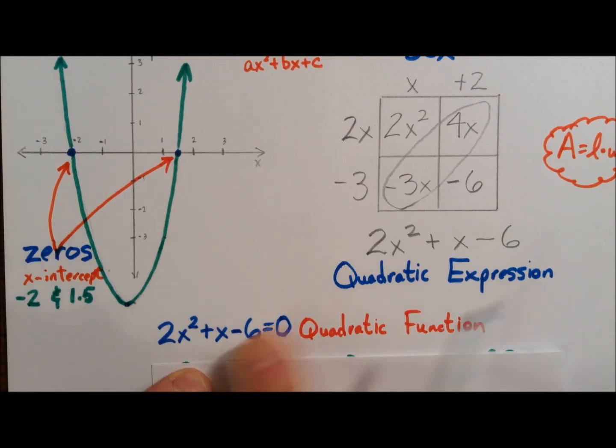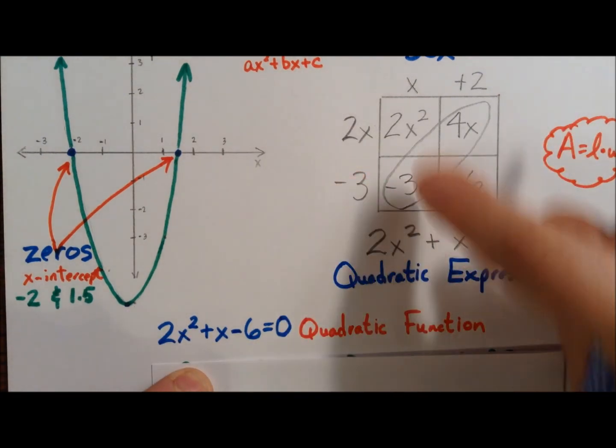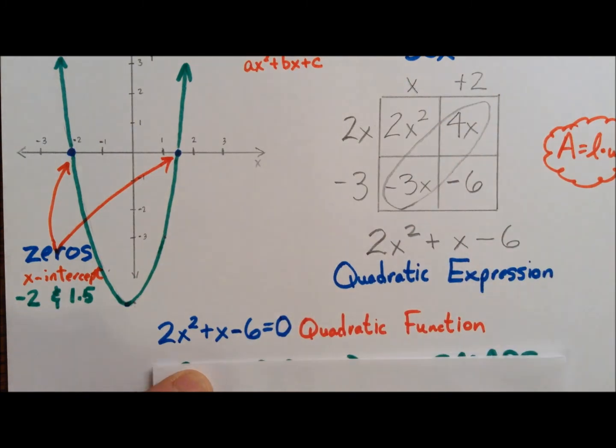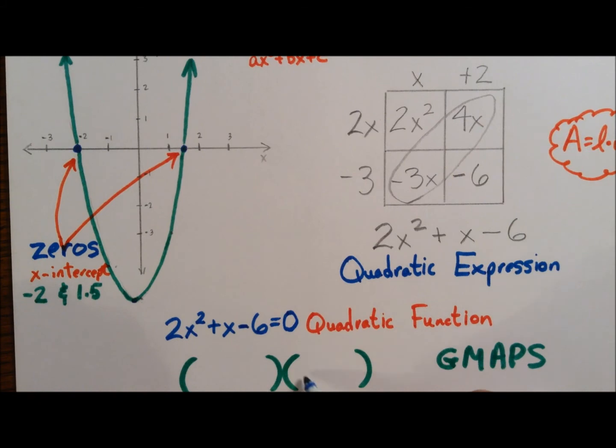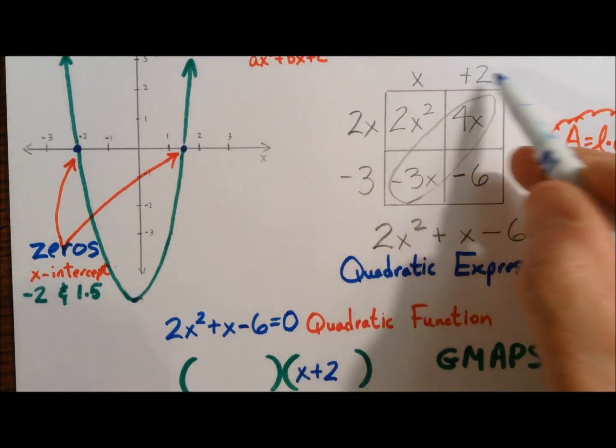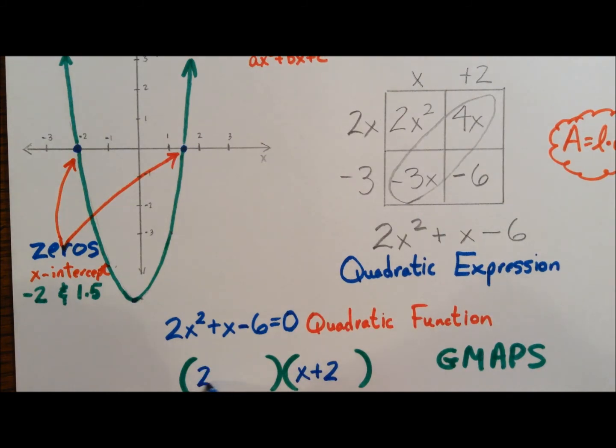We took this and went backwards. We used the GMAP method to take this, and we can go through the process. But what would we wind up with? Well, we would wind up with x plus 2, one of my dimensions, and then the other one would be 2x minus 3.